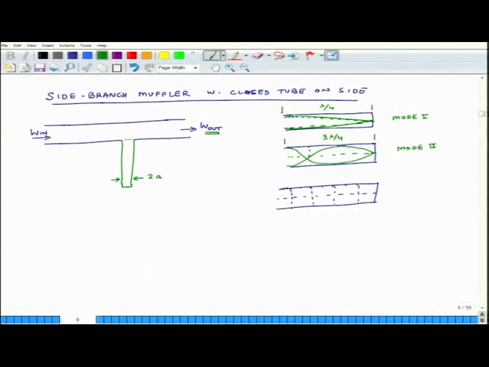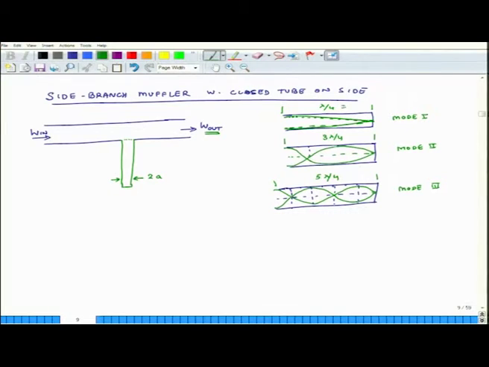So, here this is another mode which can develop in a tube. So, this is mode 3 or the third resonance. Here the length is still the same, but the wavelength which can resonate in this tube could also be 5 lambda over 4. Okay.